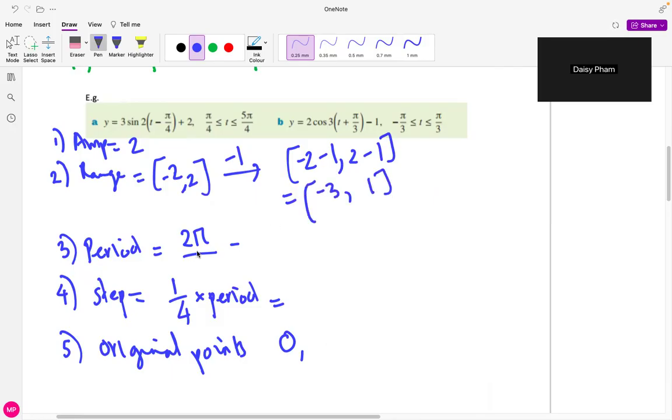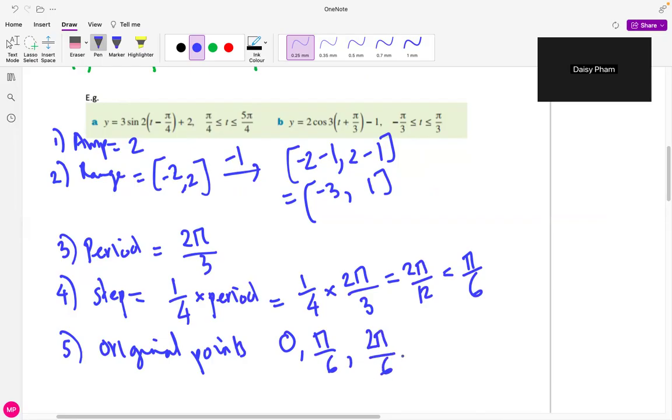The period is 2π over n, and the number next to t is 3, so 2π over 3. The step is a quarter times the period, so 1 quarter times 2π over 3, which is 2π over 12, which is π over 6. So you will have 0, π over 6, 2π over 6, 3π over 6, and 4π over 6, which is the period 2π over 3.